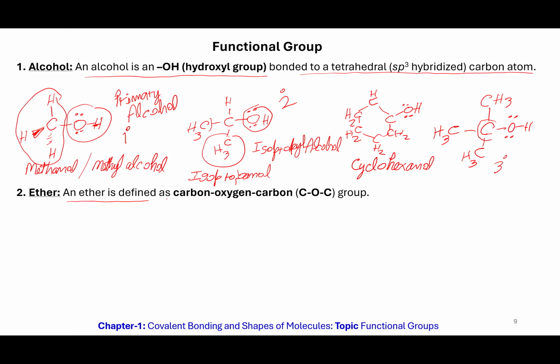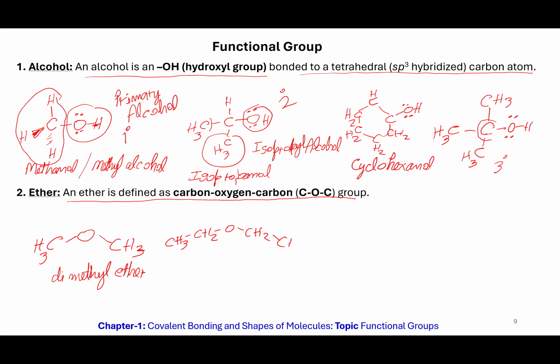So ether is defined as a carbon-oxygen-carbon group. For an example, CH3, oxygen, and then CH3. So this is called dimethyl ether. Or we can have another example, CH3CH2OCH2CH3.